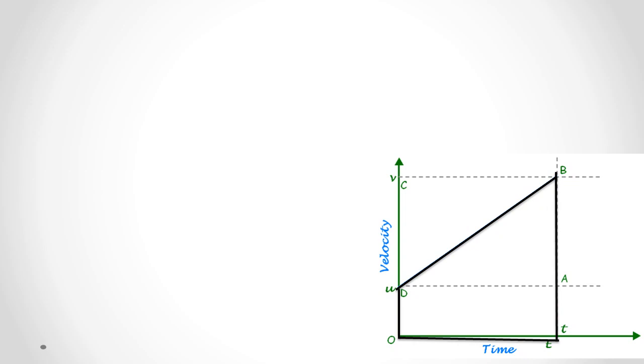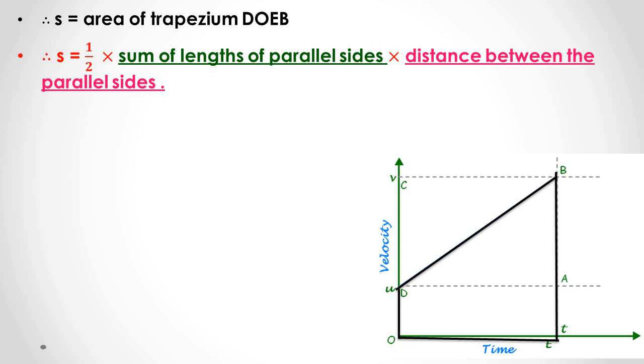So we can use the formula of trapezium to find out its area. Therefore S, which is the distance covered, is equal to the area of trapezium. Your formula for the area of trapezium will be half multiplied by the sum of lengths of parallel sides. Now what are the parallel sides?